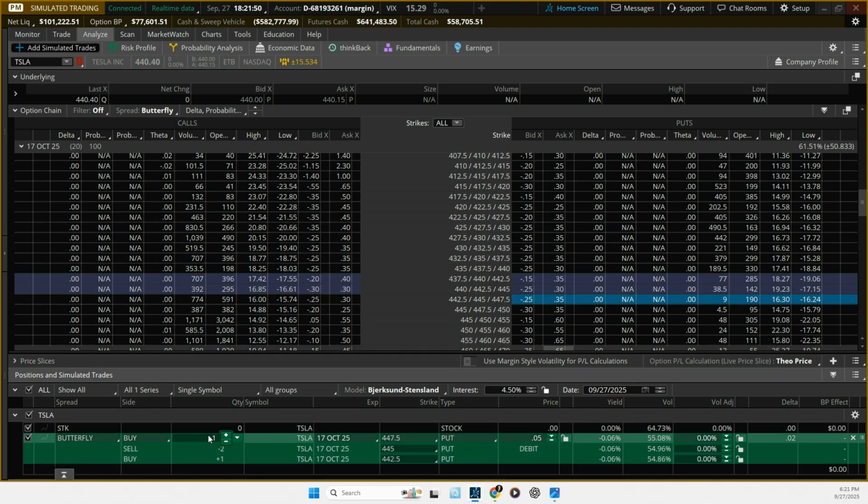So we're buying an option out here. We're buying a put over here at 447.50, we're buying another put over here at 442.50, and we're selling two puts here at 445.